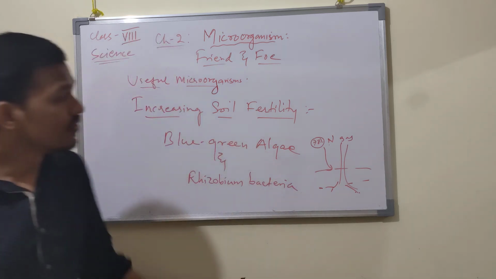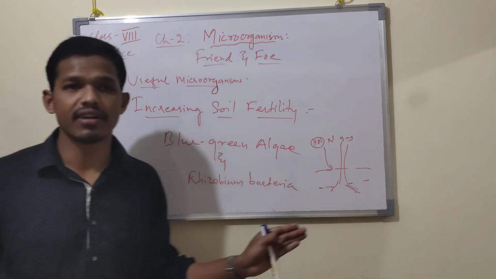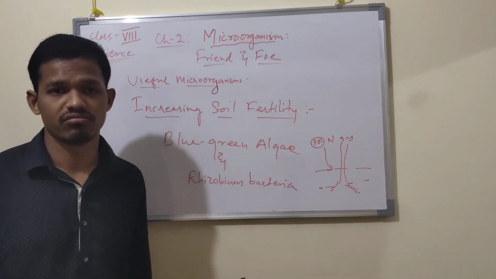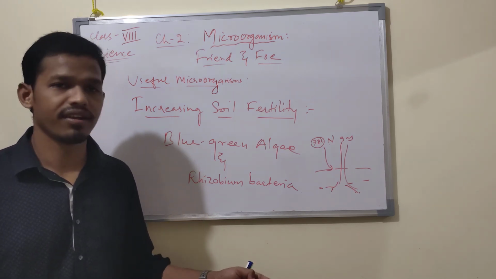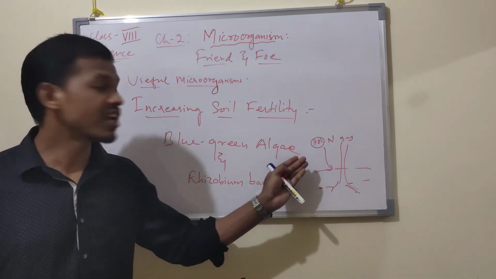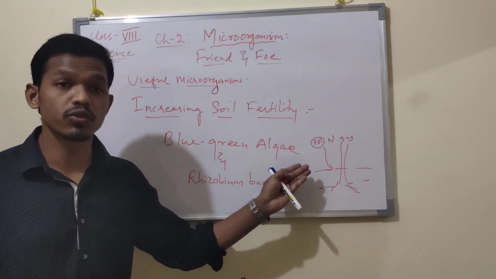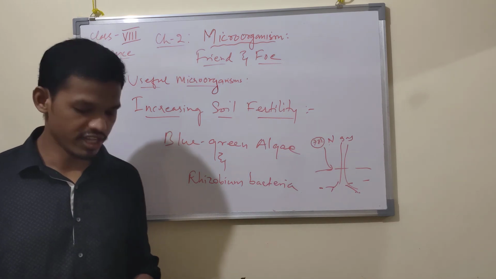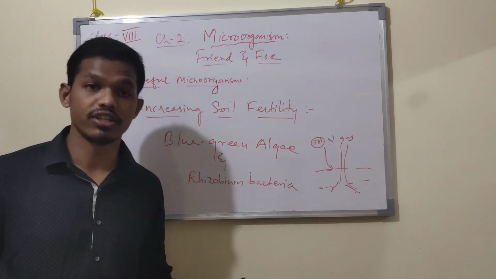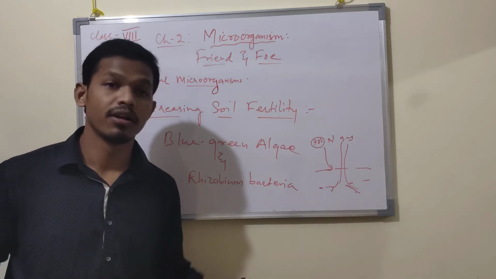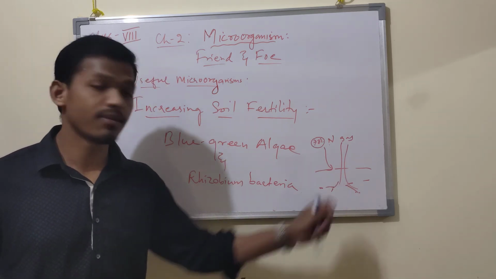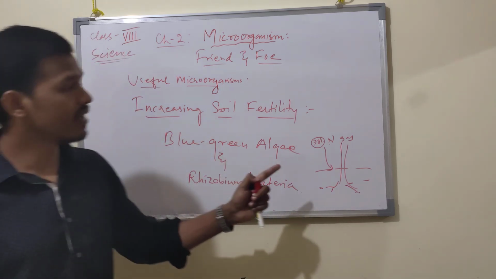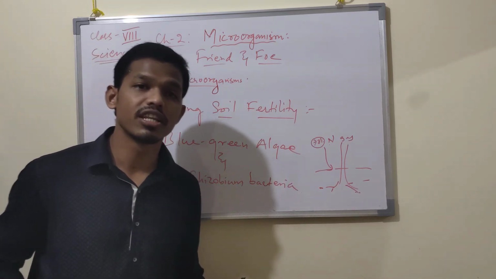Otherwise, there is no other way for nitrogen to be converted into a nitrogenous compound. But these certain microorganisms help increase the fertility of the soil by fixing nitrogen gas into a nitrogenous compound, which can be used as nutrients by the plant. In the rainy season, there is lightning.